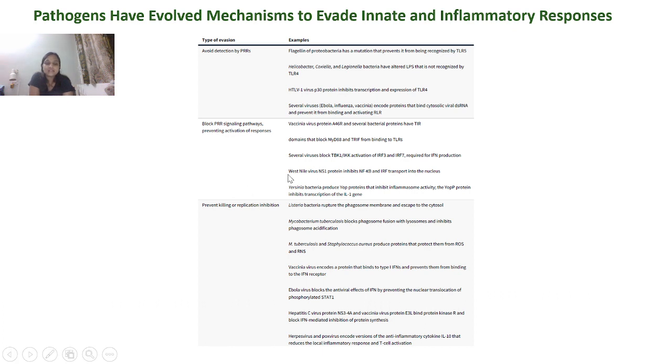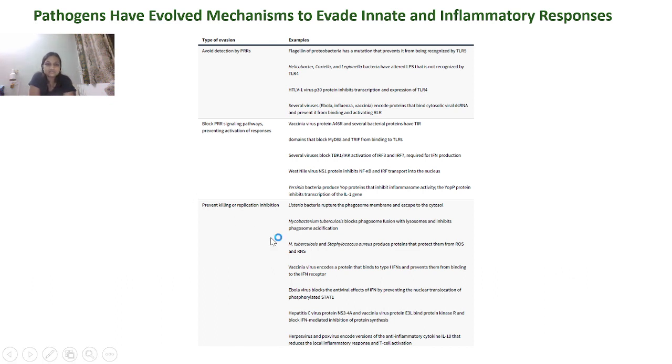West Nile virus has the NS1 protein that inhibits NF-kappa B and IRF transport into the nucleus. Yersinia bacteria produce YOP proteins that inhibit inflammasome activity and the transcription of the IL-1 gene. So by producing certain proteins, they block the PRR signaling pathway, preventing the activation of responses.